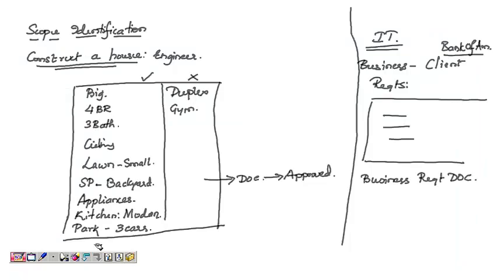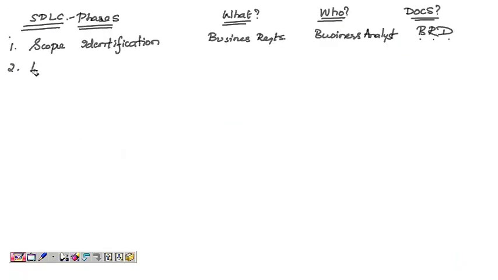Now it's time to do the planning. In the planning, we have to do the scheduling and the budgeting. That means I have to estimate the cost now.